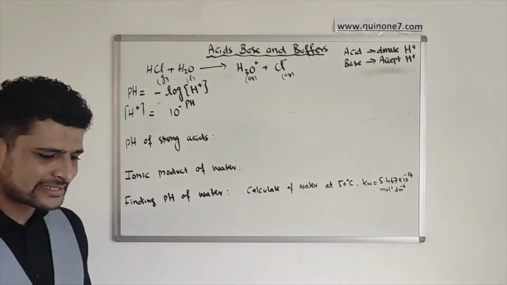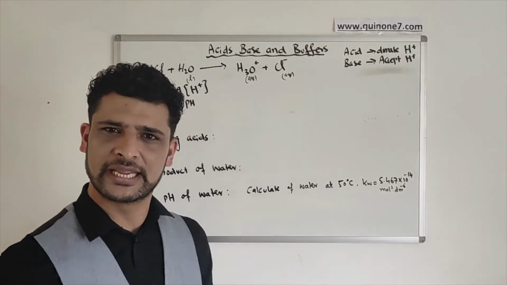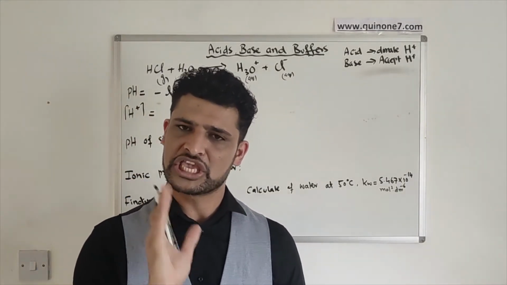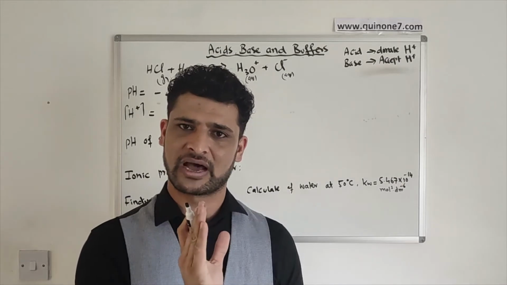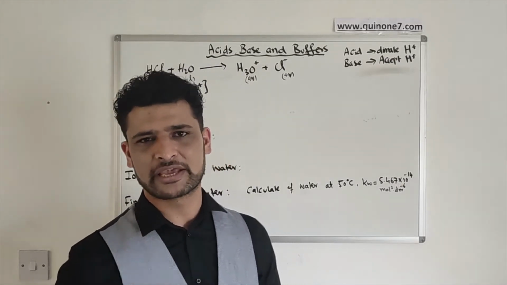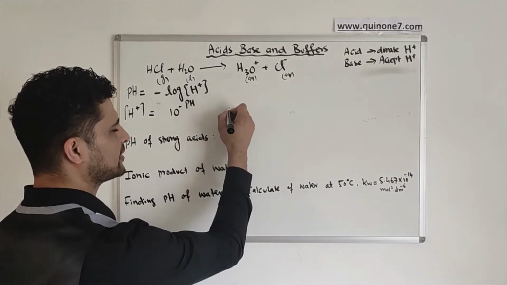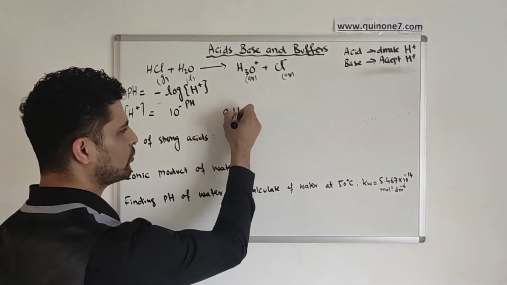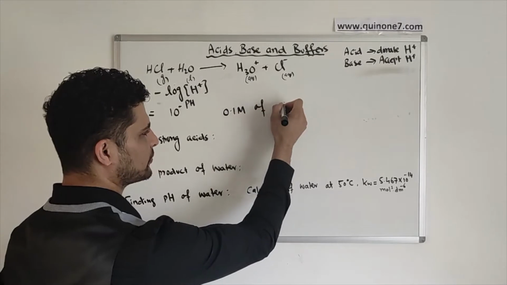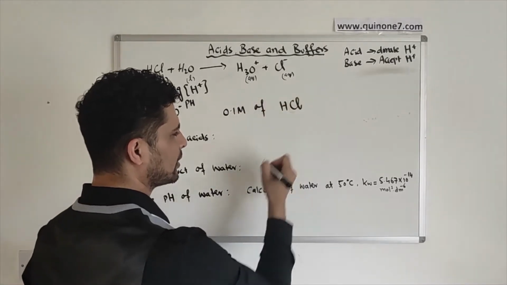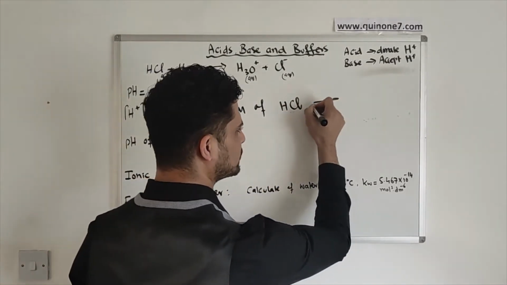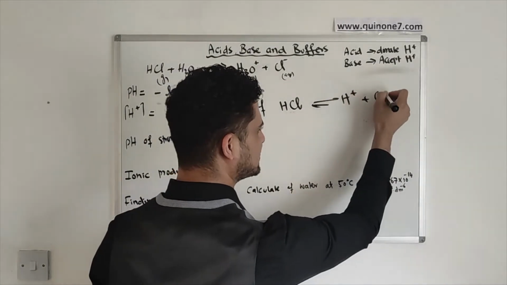Now, strong acids completely dissociate in the solution, so they will make equal amounts of positive and negative ions once they are dissolved in the aqueous solution. For the pH of a strong acid, I can take the example of a 0.1 molar solution of HCl, which is going to dissociate into H positive ion plus Cl negative ion.